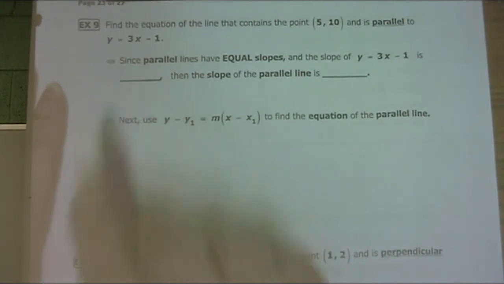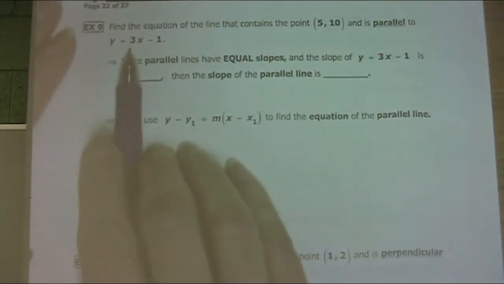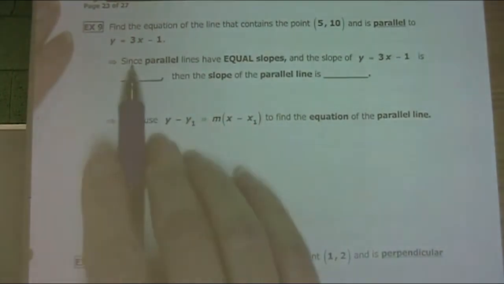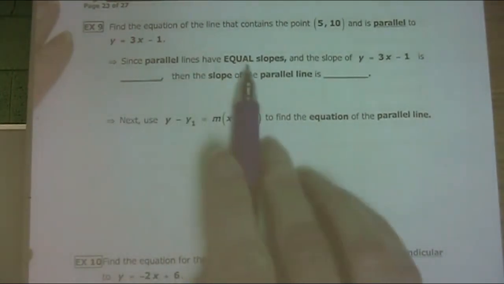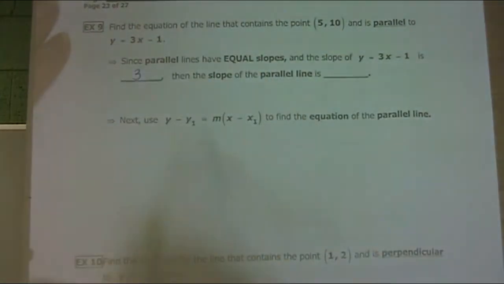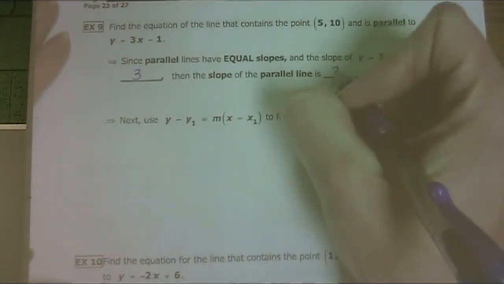This line is in slope-intercept form, so the slope is the number in front of x, and that is 3. So the slope of this line is 3. Since parallel lines have equal slopes, and the slope of y equals 3x minus 1 is 3, then the slope of the parallel line is also 3.